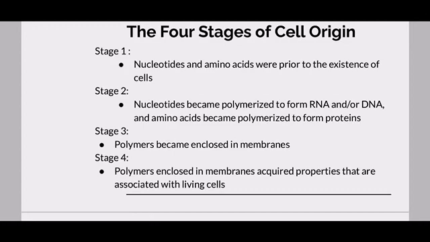Polymers became enclosed in membranes. Polymers enclosed in membranes acquire proteins that are associated with living cells. You could have read that on your own, but basically, right now it looks kind of intimidating, kind of confusing, but we're gonna break that down quickly.